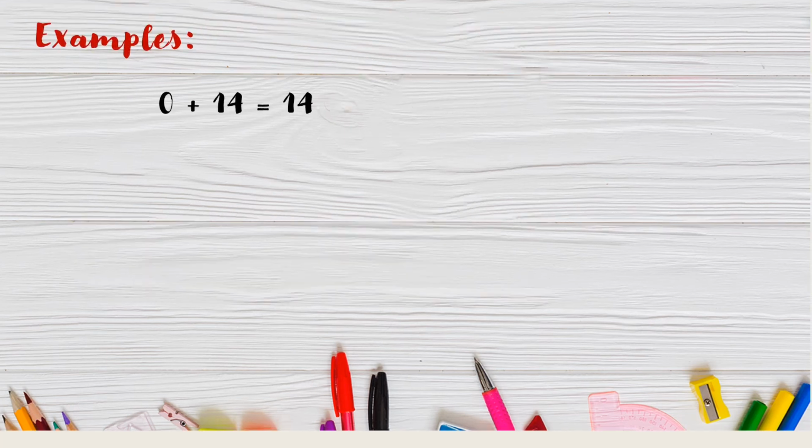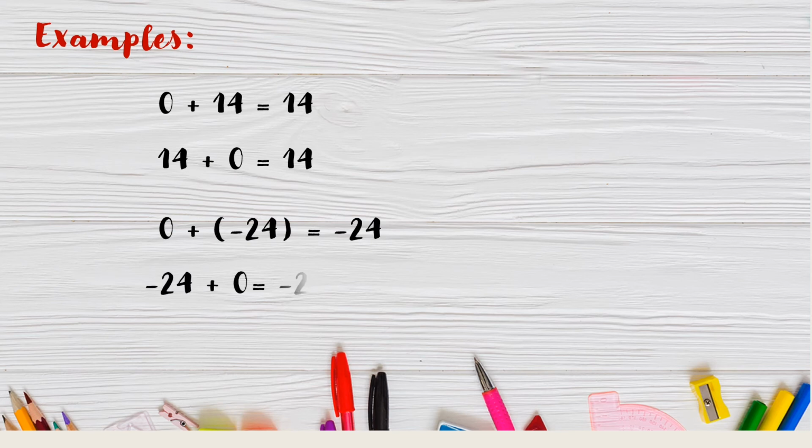Examples. 0 plus 14 equals 14. 14 plus 0 equals 14. 0 plus negative 24 is equal to negative 24. Negative 24 plus 0 equals negative 24. Remember, when you add 0 to any real number, the order that you use doesn't matter. The result will be the same number.